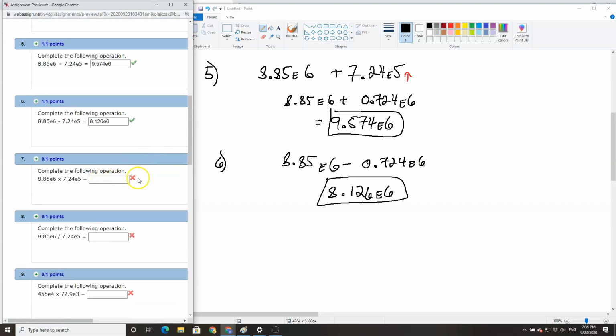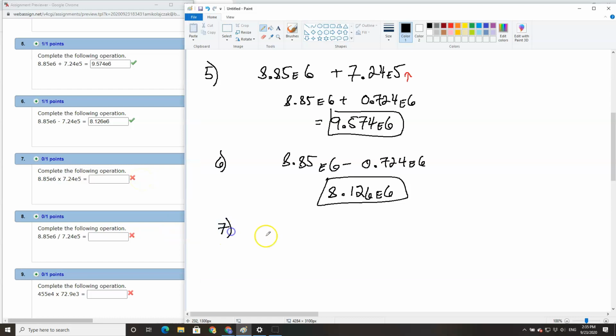Moving on to 7. So what we'll do is we will multiply 8.85 times 7.24. And I get 64.251.